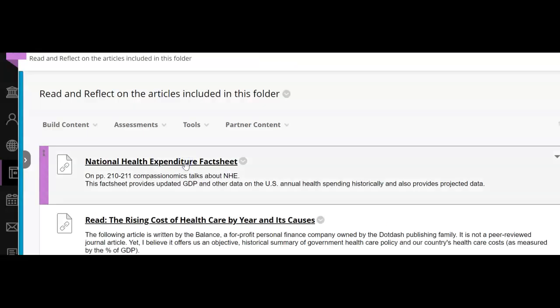To begin with, in chapter 7 of Compassionomics, the authors talk about how much our country spent on healthcare. They looked at the gross domestic product and what the cost was back in 2016. I wanted to assure that you all had the most updated information.